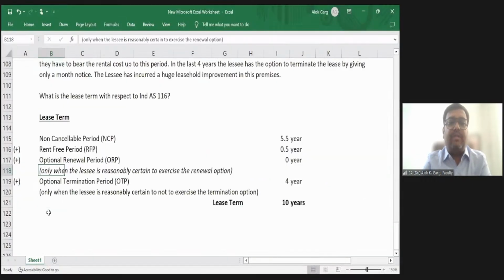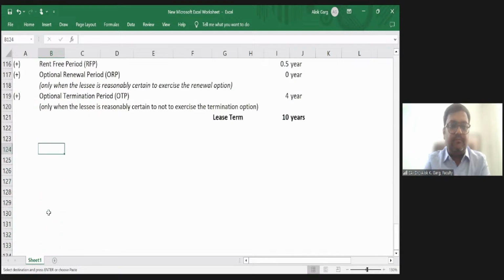Let me take you to the Excel file to talk more about the lease payment. So what does lease payment include?